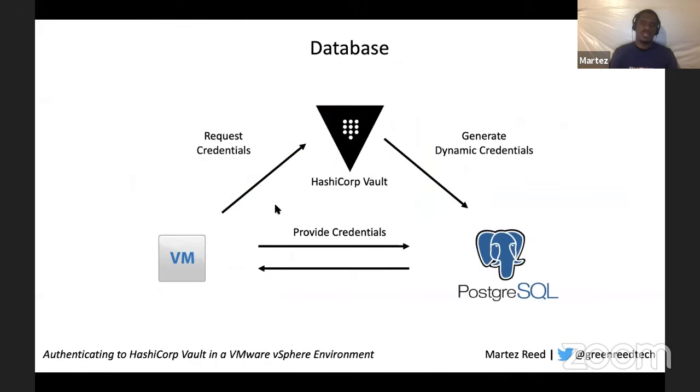What this starts to do is allow us to simplify the process of whether it's dynamic database credentials to a Postgres backend. That process stays the same in most scenarios where it's a simple process. But the challenge in a vSphere environment has generally been, how do I perform that initial authentication to my HashiCorp Vault instance without a lot of overhead?